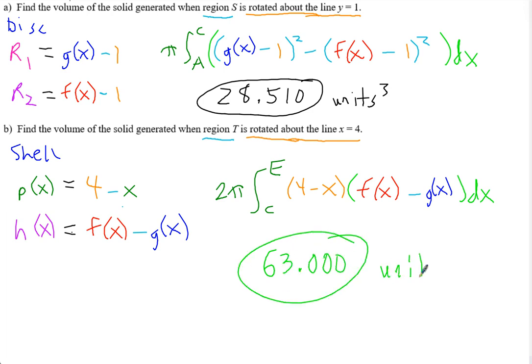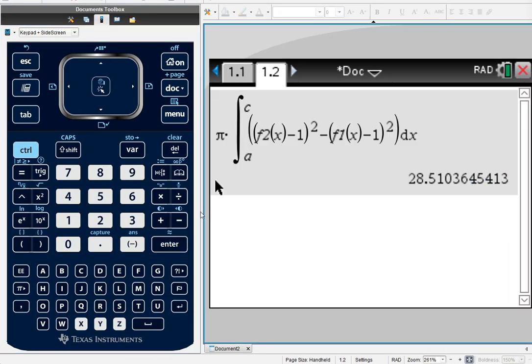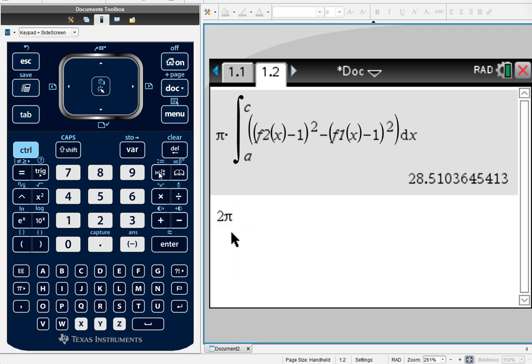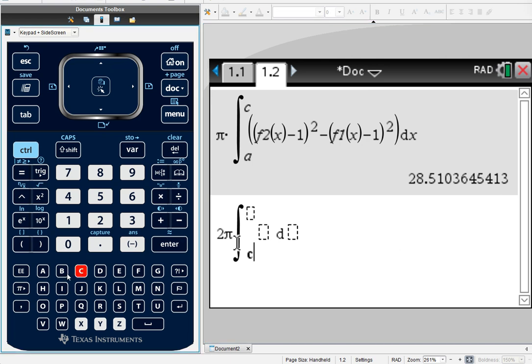units cubed. And then on the Inspire, we can go back here, put 2 pi on the outside, and then the integral next to 9 from c to e. Use the arrows or the tab.